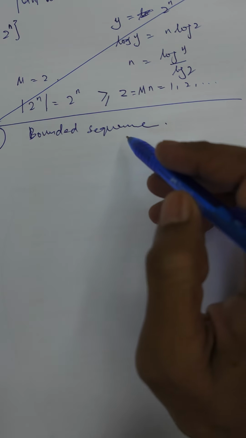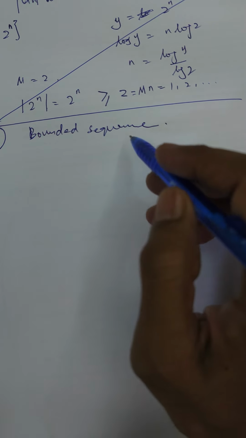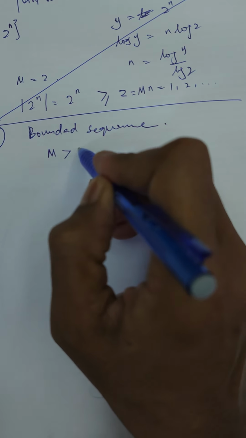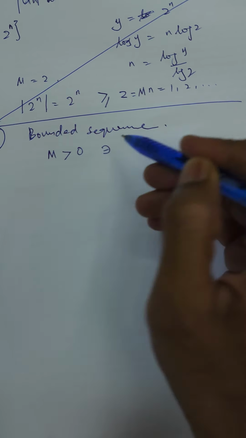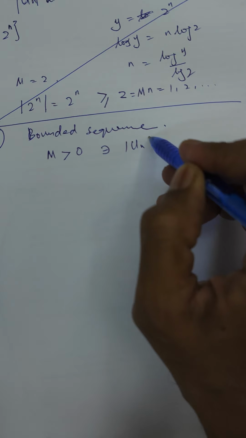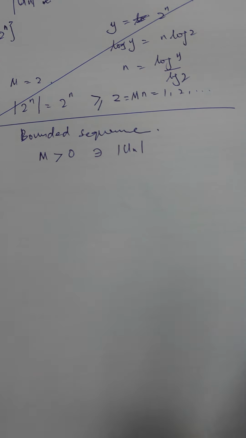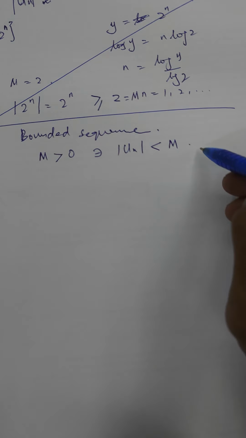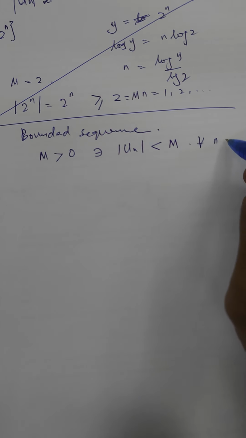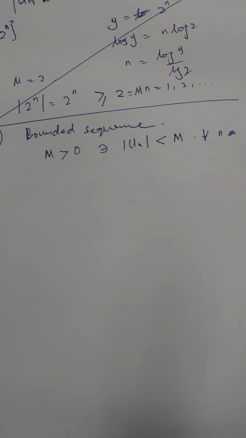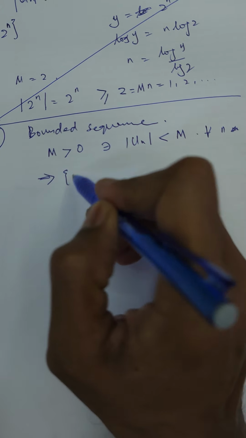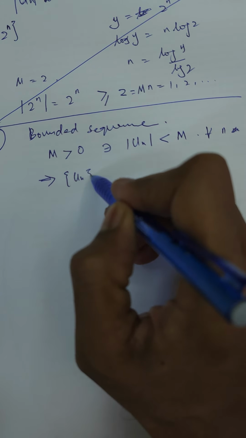If you can find m positive such that the terms of the sequence are less than m for all n, then in this case, we say the sequence un is bounded.